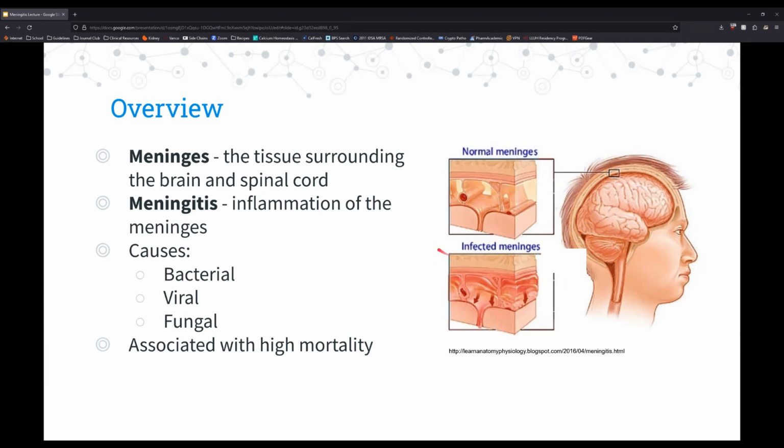Once our meninges becomes inflamed, it looks vastly different. This is going to affect what can penetrate the CNS or not. And the reason why we care about this so much is that it is associated with high mortality rates if poorly diagnosed or undertreated.